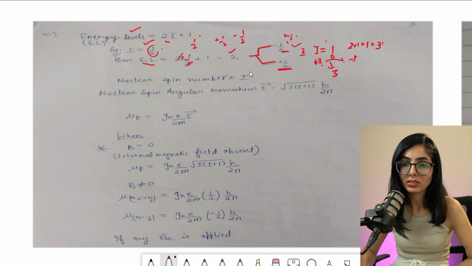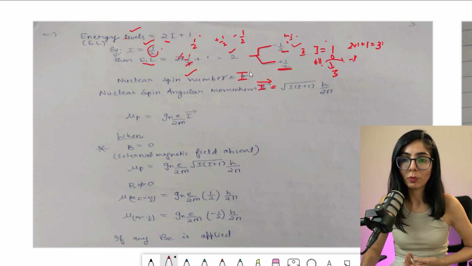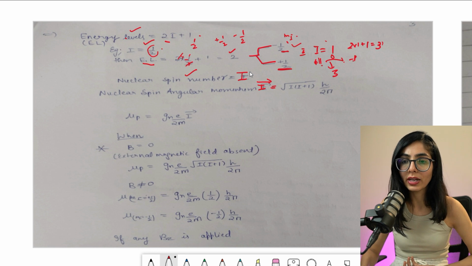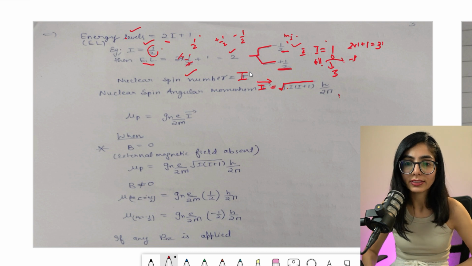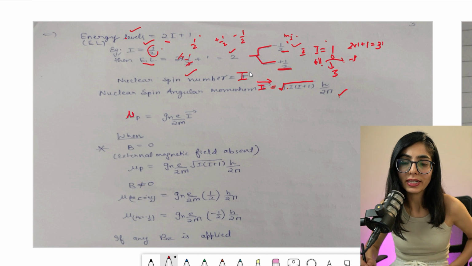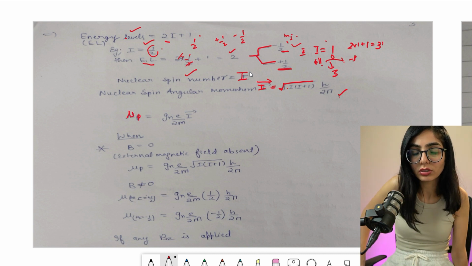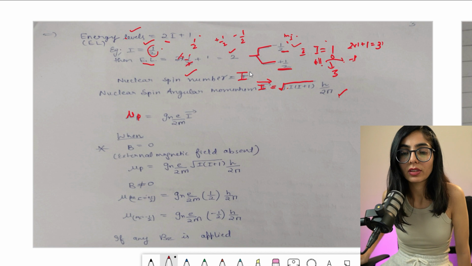Over here, this is the nuclear spin number, and there is another term related to it, the nuclear spin angular momentum, the formula is under root I into I plus 1 times h by 2 pi. That is the formula. And this is mu p, the magnetic moment of the proton.